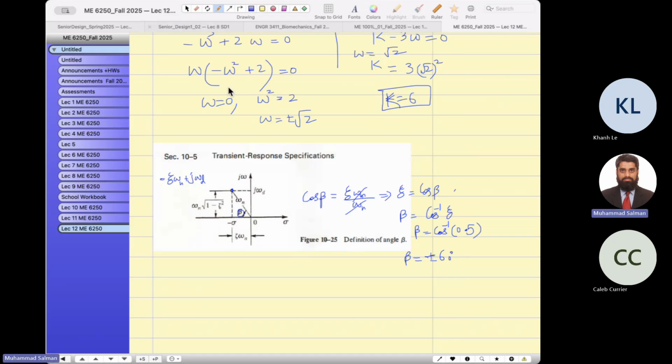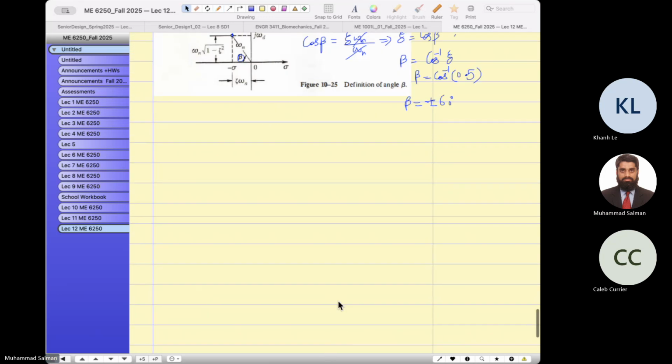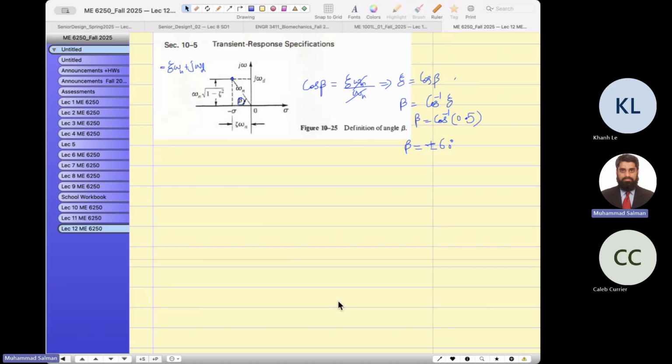So what you guys have to do here, you have to draw the root locus and draw a line. If you draw a line in MATLAB, the command for the root locus is rlocus, the command for the locus of the transfer function.